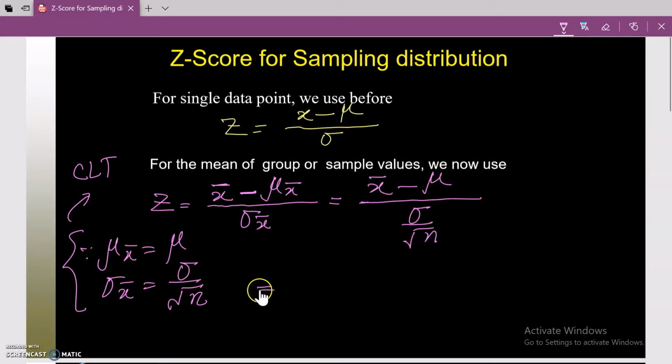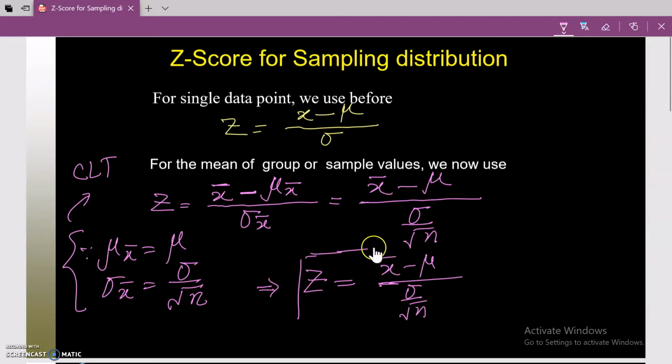So in short, if we have a sampling distribution, then the z-score can be found by using this formula: x bar minus mu divided by sigma divided by the square root of n.